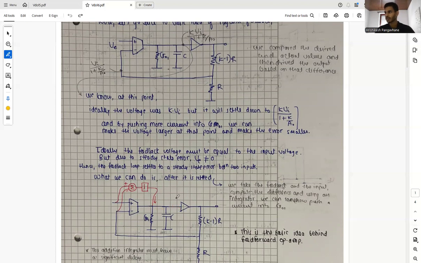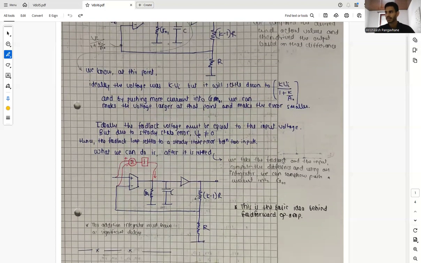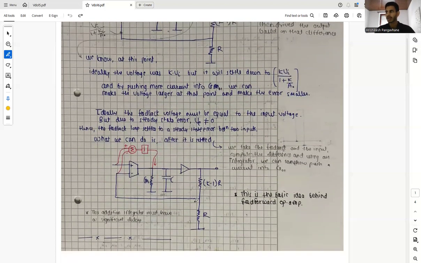So we compute the difference, and using an integrator we push current into GO1, and this is the basic idea behind the feed forward op-amp.